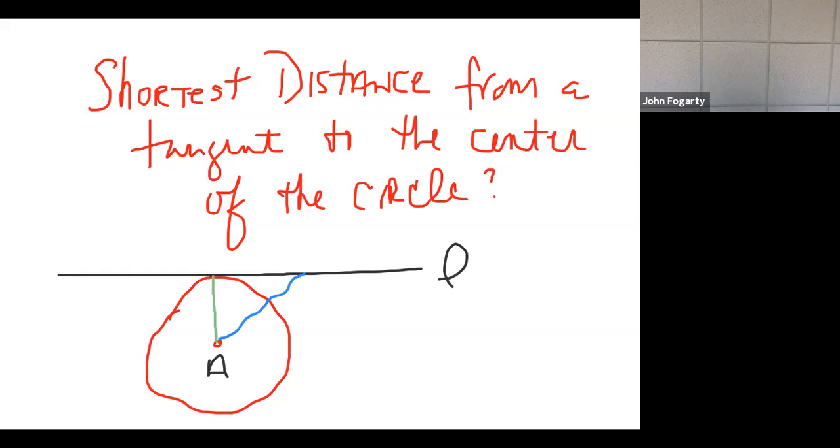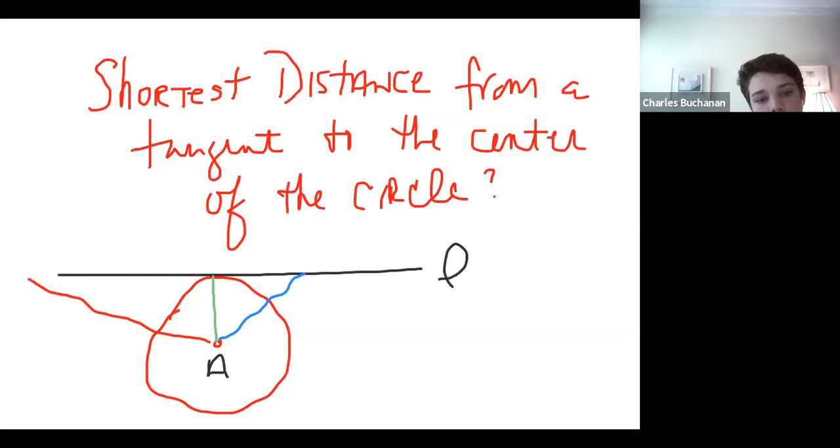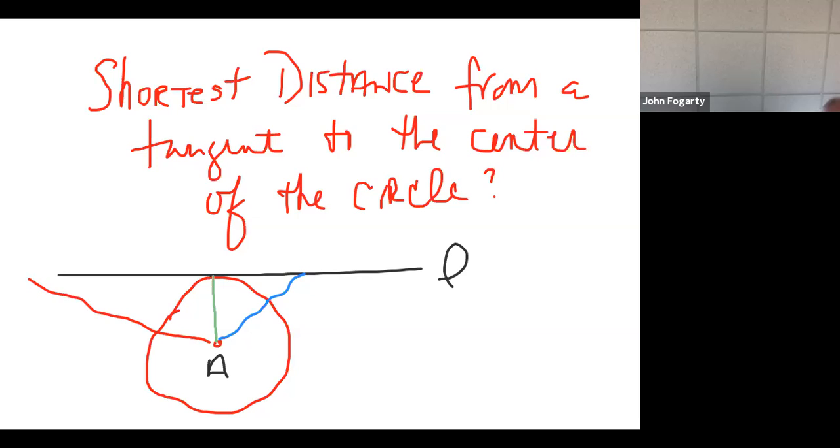Fellas, which line do you think would be the shortest? Red, blue, or green? Green. Yeah. The shortest line to the center of the circle is a radius.